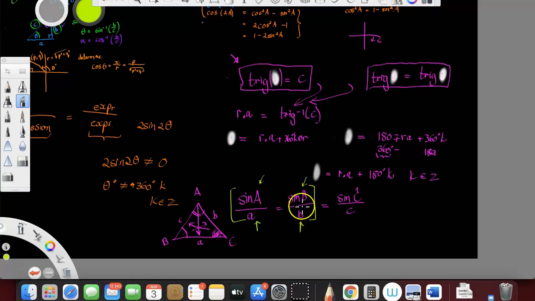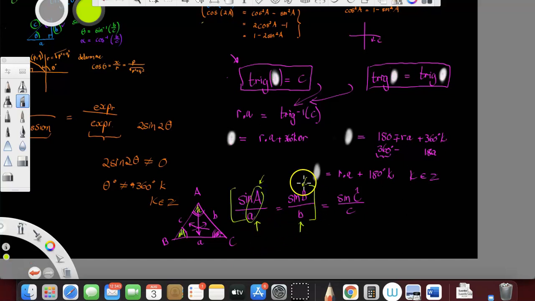Whenever you have three of these, either two angles and an opposite side, and that's very important, you need an opposite side. If I have two angles, let's say I've got B and A, and either A's or B's opposite side. So let me rather say this: you need at least one angle and opposite side pair.